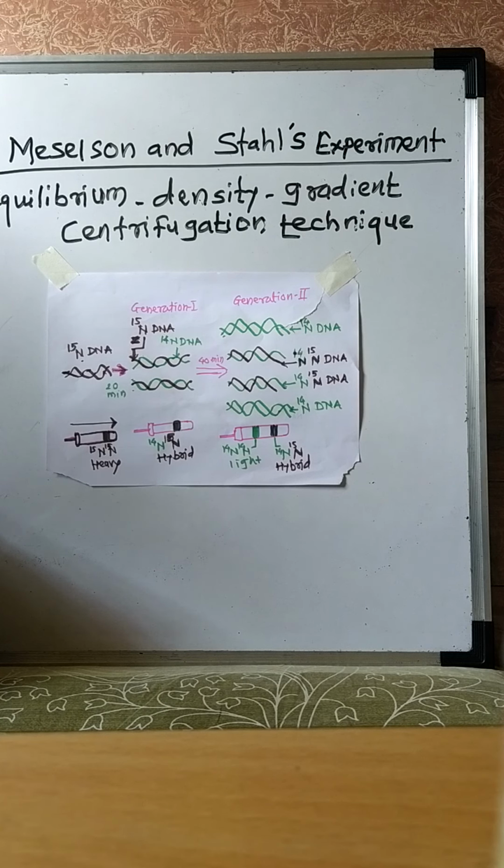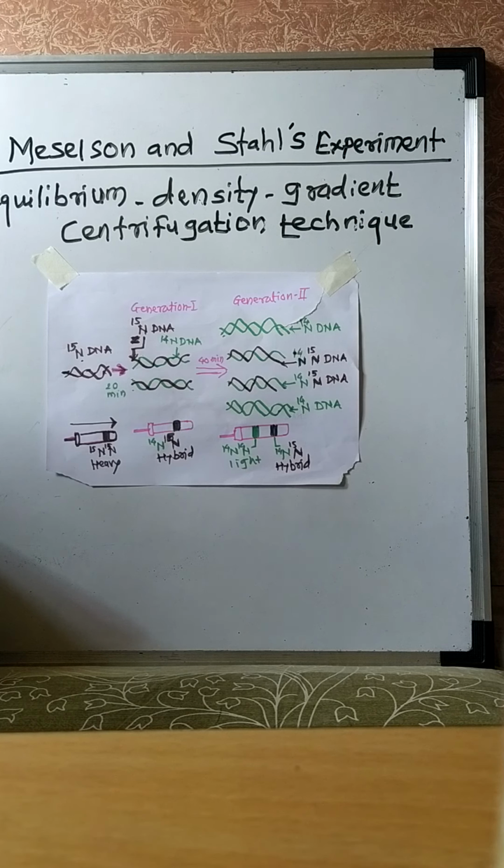They cultured E. coli, or Escherichia coli, bacteria in a medium containing N14 light nitrogen. You know that during replication of DNA, bacteria or any living organism need nitrogen for the synthesis of nitrogen bases: adenine, guanine, cytosine, thymine.